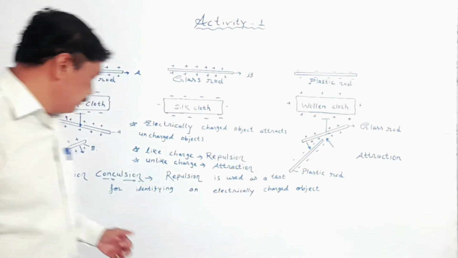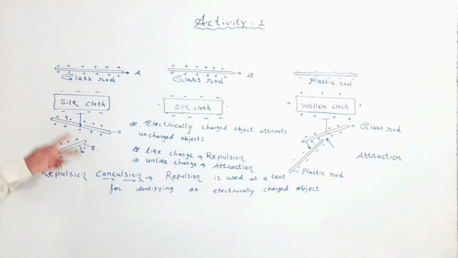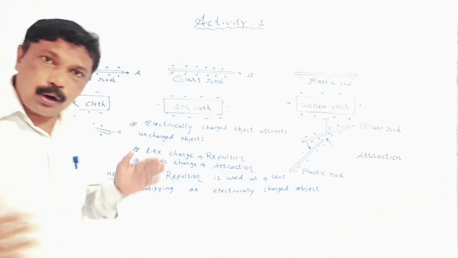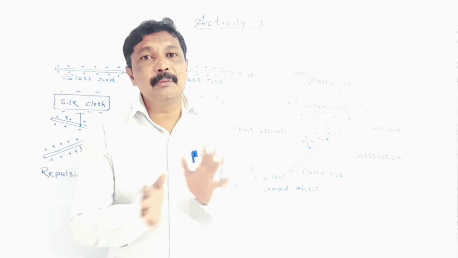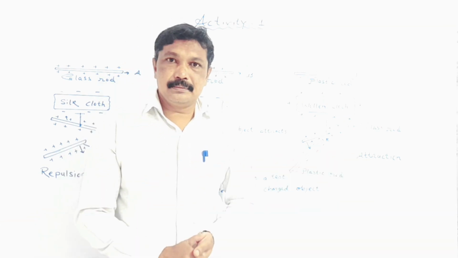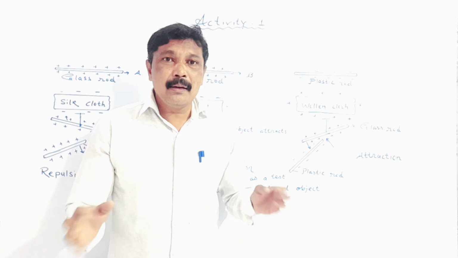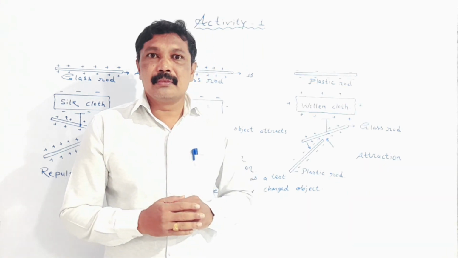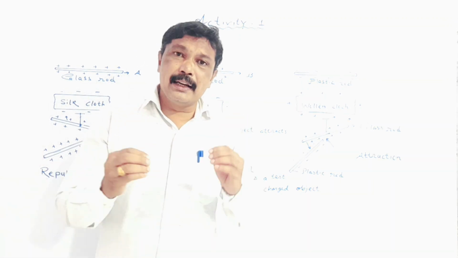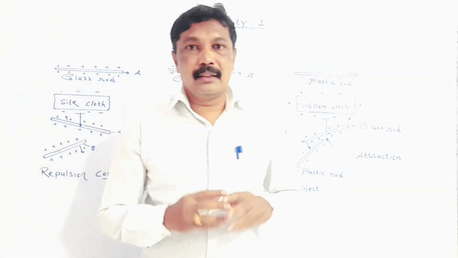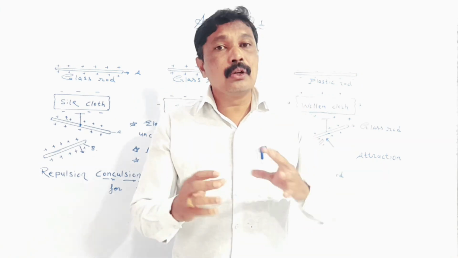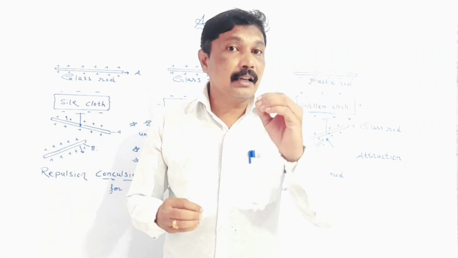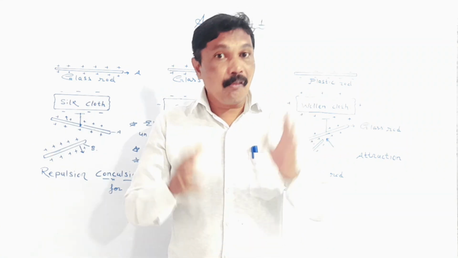The third one, when like charge or same charge objects are brought close to each other, then there is repulsion between them. Then, my dear student, a higher understanding can be developed that whenever you want to find out whether an object is charged, the confirmed test is repulsion. Why?